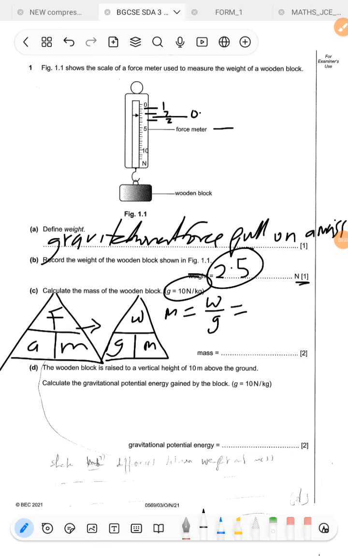Our weight is here, so 2.5 divided by acceleration due to gravity, which is 10.